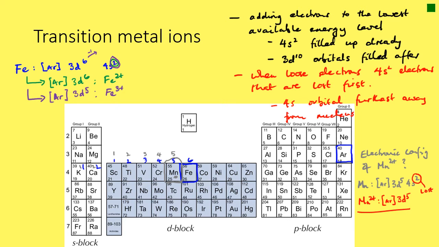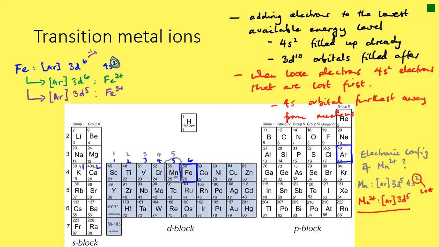Now when iron loses electrons to form an ion, we're going to lose these 2 electrons. So we have argon 3d6, and that becomes Fe2+. But iron, as you're probably familiar with, forms not just Fe2+ ions, but also Fe3+ ions.